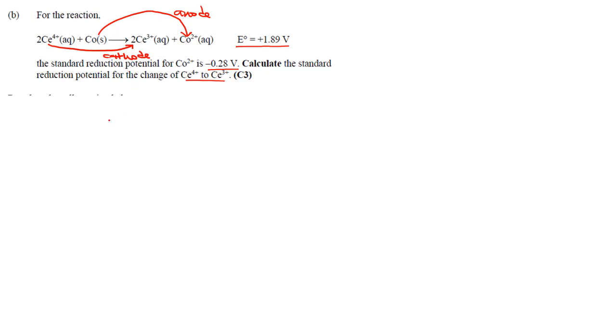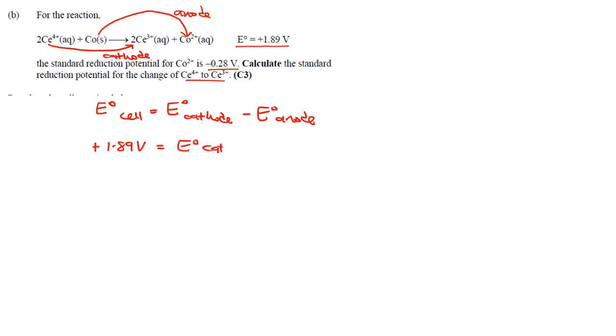Alright, okay, and then kita pakai formula tu, E naught cell is equals to E naught cathode. Cathode tu adalah kita punya Ce lah. Okay, E naught cathode minus E naught anode. Anode kita adalah cobalt. Okay, so soalan dah bagi kita punya E naught cell dan soalan dah bagi E naught untuk cobalt, iaitu kita punya anode. So kita tinggal nak cari untuk cathode lah. Okay, alright. So positive 1.89 volt.